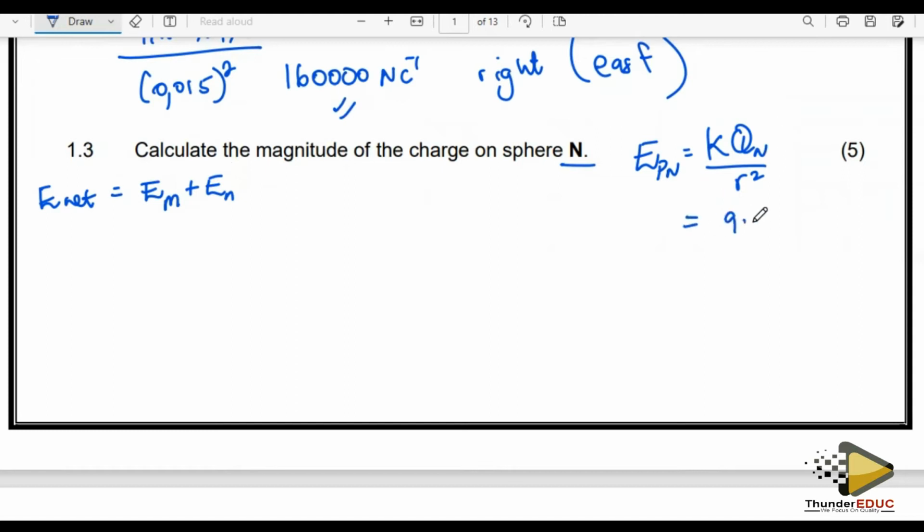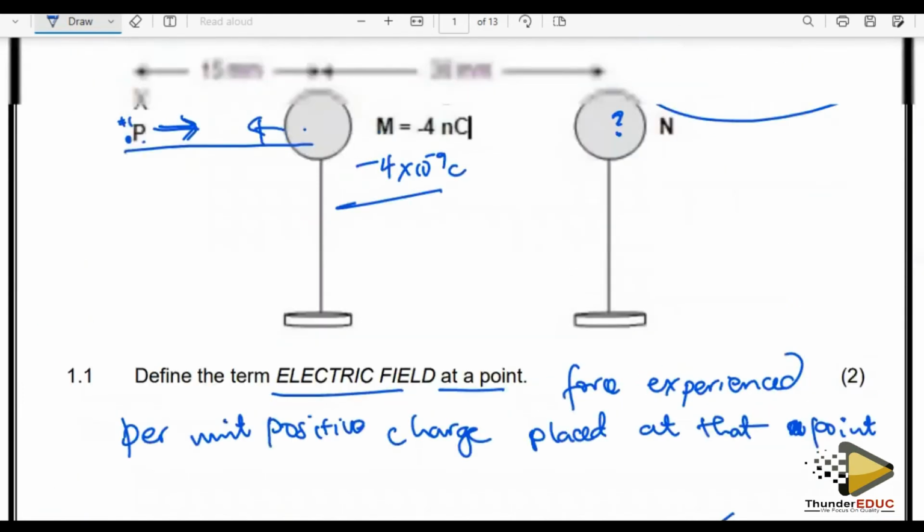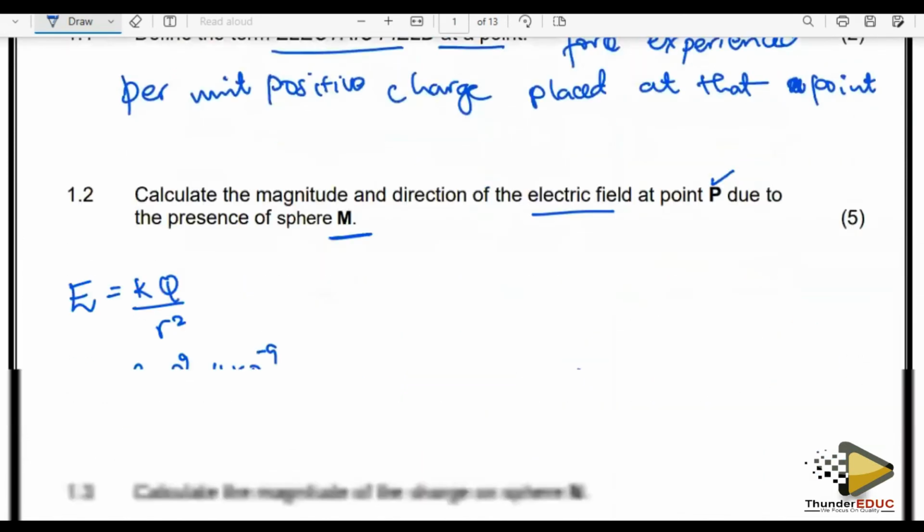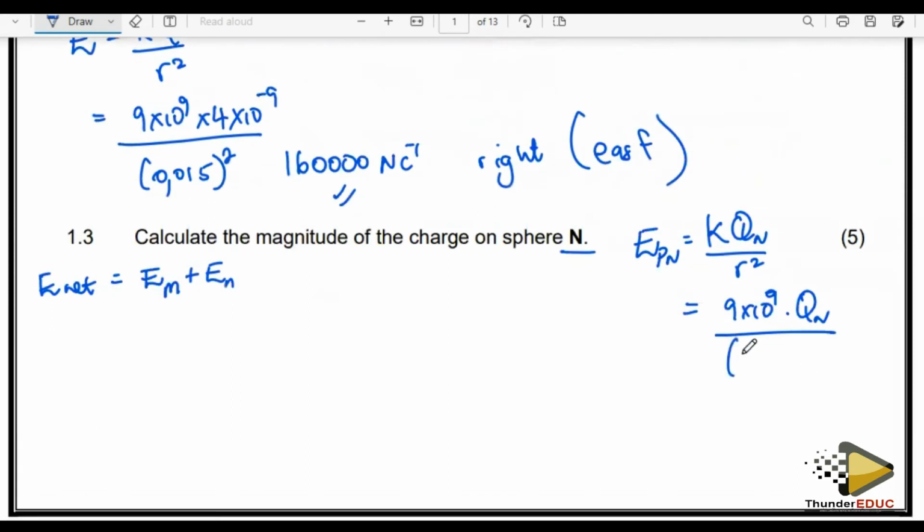So I'm going to say 9 times 10 to the 9 times the charge of N over the distance between P and N, 0.045 squared.